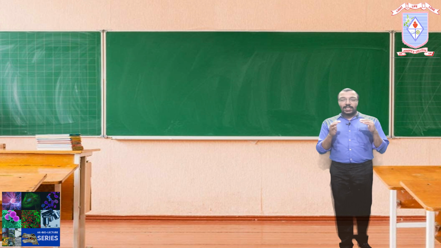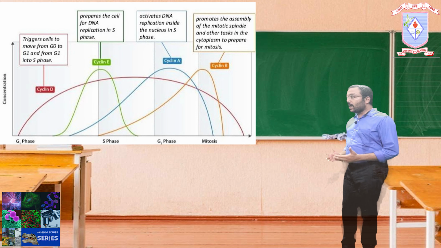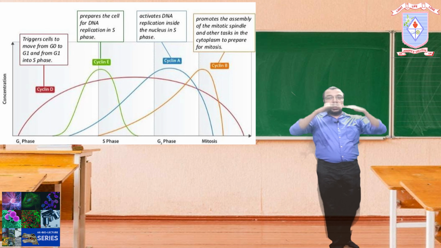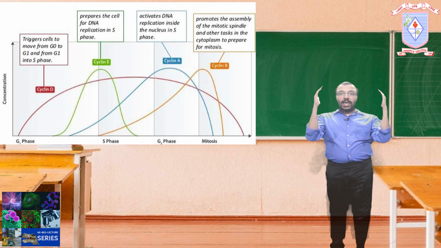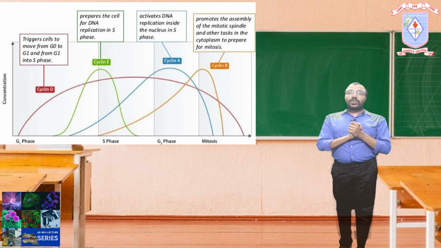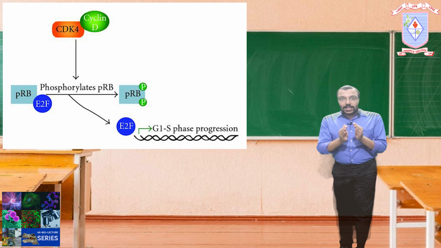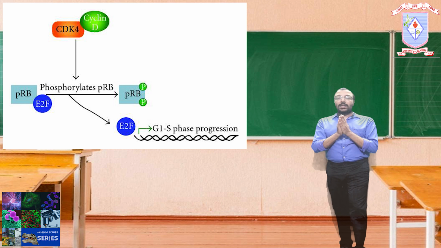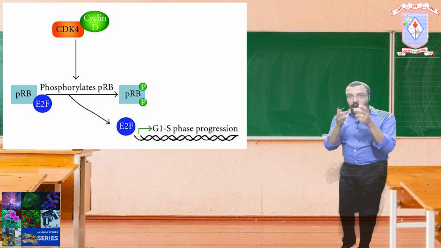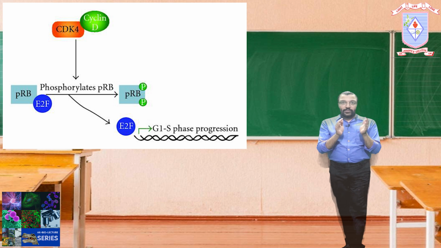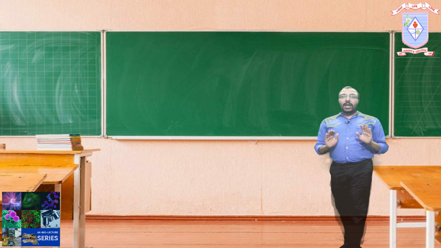When the cell is in the G1 phase of the cell cycle, the level of cyclin D is at an optimum level to bind with CDK4 or 6. So at this stage, CDK4 or 6 cyclin D complex phosphorylates a protein called RB. The full form of RB is retinoblastoma.